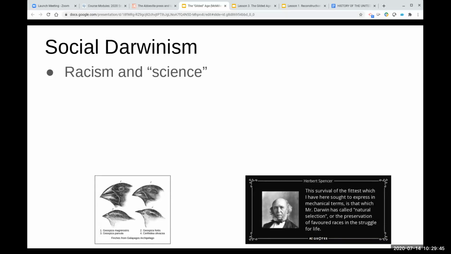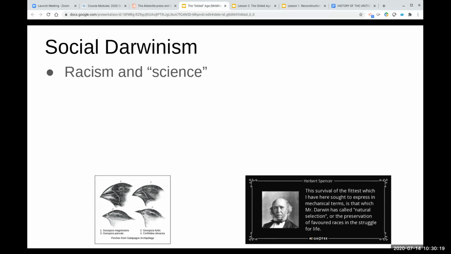This Darwinian idea starts to be applied by people like Herbert Spencer, who are social Darwinists, to people. So what starts to be explained is the differences between different people as observed at the time, which starts to be ascribed to evolutionary ideas. And remember, social Darwinism is not a science.